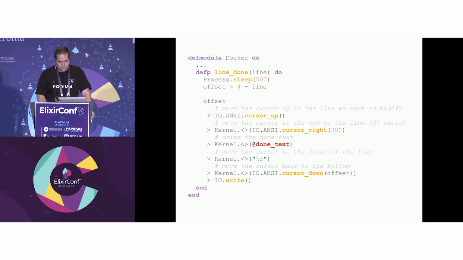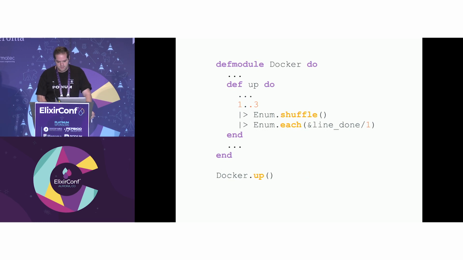And then in our original function, what I did is I just created a range from 1 to 3 and then shuffled it up and called that line done function for each of those, so that it'll just randomly order when they display.